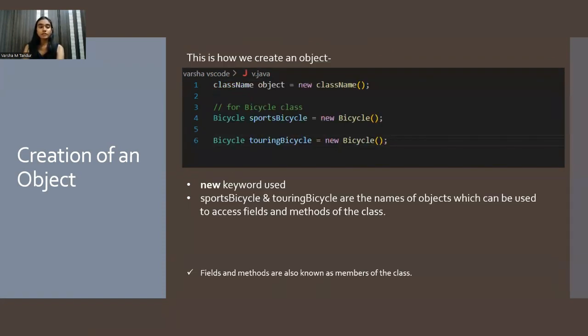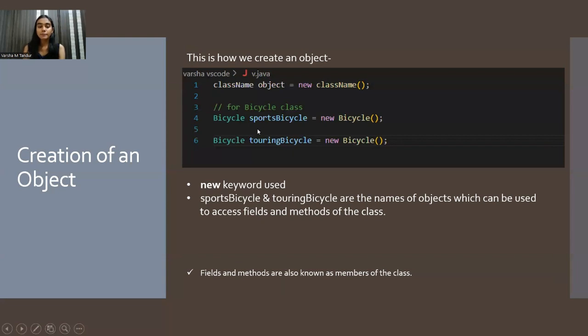Now coming to the creation of the object, this is a syntax for creating an object, that is class name object is equals to new class name. Here for the creation we have used the keyword new. So this new keyword will allocate the memory space for the object to be stored.